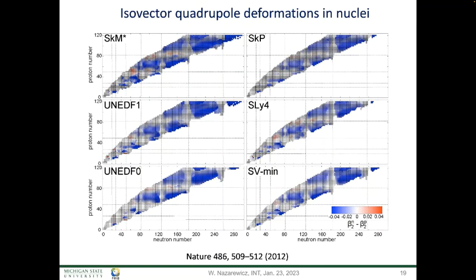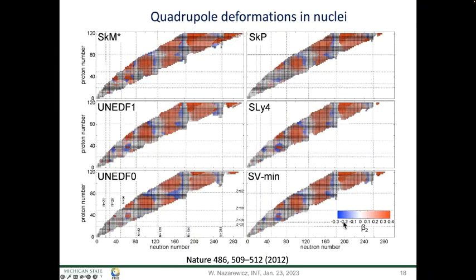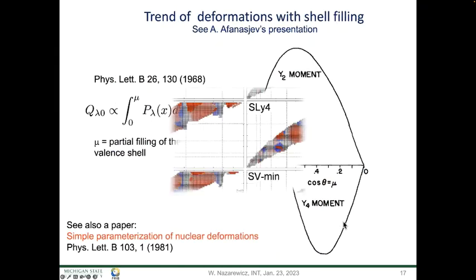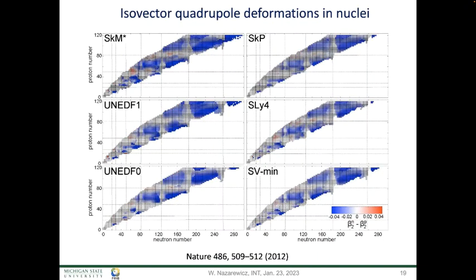So if a typical quadrupole deformation is of the order of 0.2, those differences between beta neutron and proton deformations are 1 order of magnitude less. So in the zeroth order, you can assume that protons and neutrons are deformed in the same way.